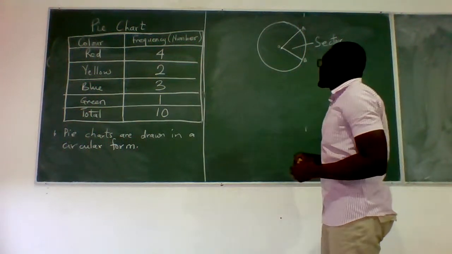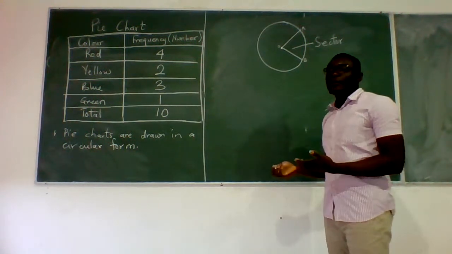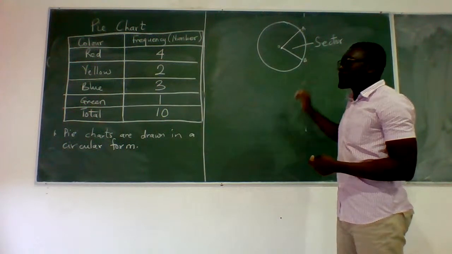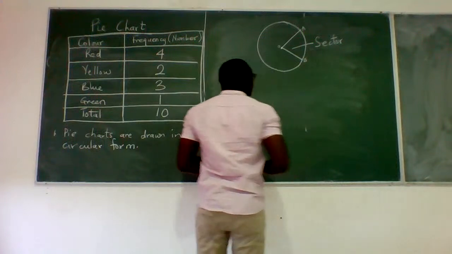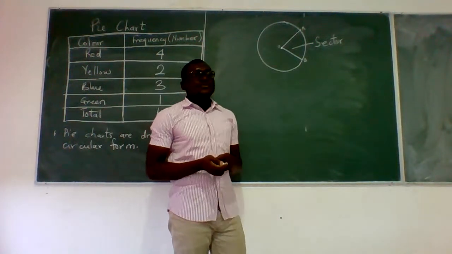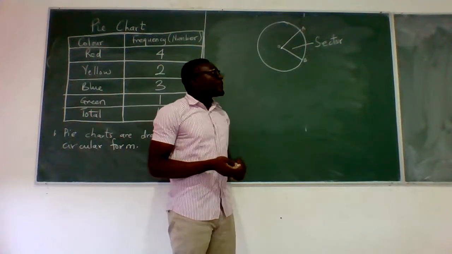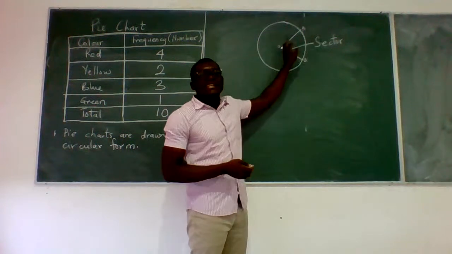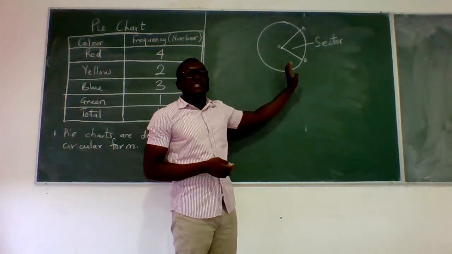So the next question is, okay, then how do we calculate these sectors? How do we get them? We must remember some of the properties that we know from angles. And from angles, we are told that the sum of all the angles in a circle is equal to 360 degrees.